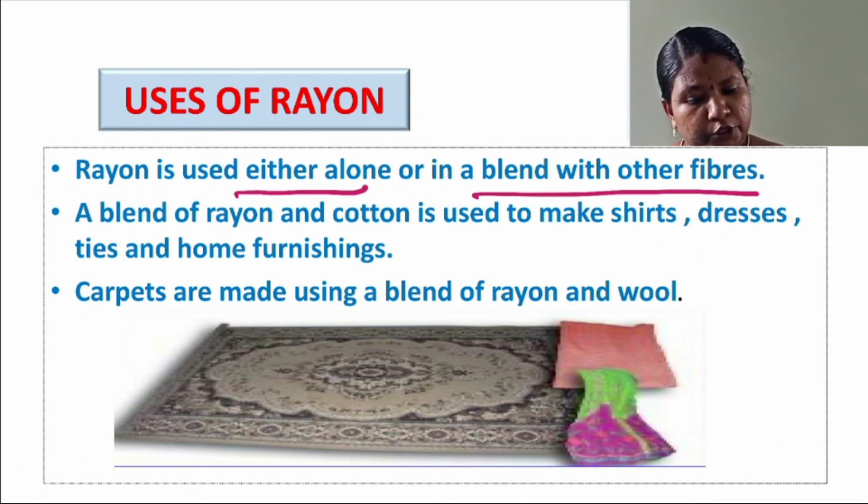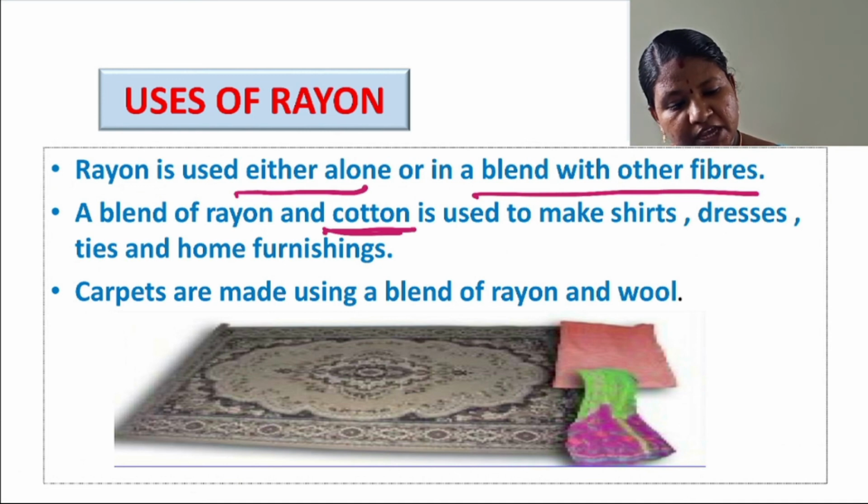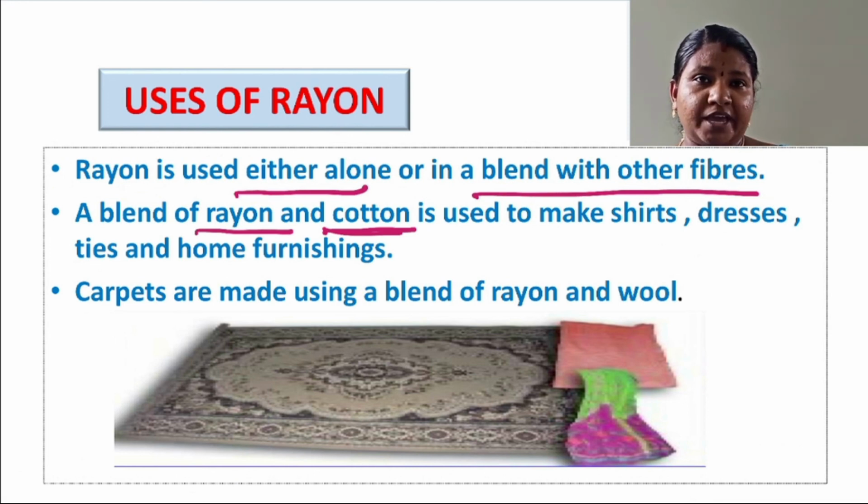Usually it will be mixed with two natural fibers, namely cotton and wool. When rayon is mixed with cotton, it is useful to make shirts, dresses, ties, collar ties, and then home furnishings, many materials.